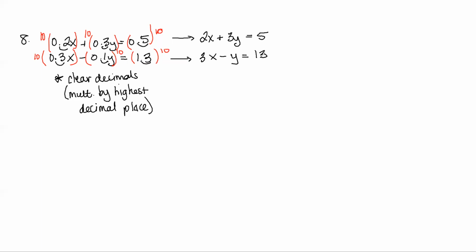So let's go ahead and solve one of our equations for x or y. The nicest one here is going to be this y here because we have just a negative in front. We don't have another number. So let's go ahead and solve this one for y.